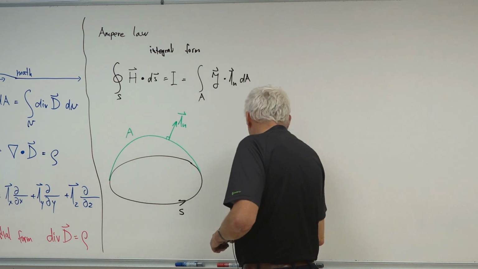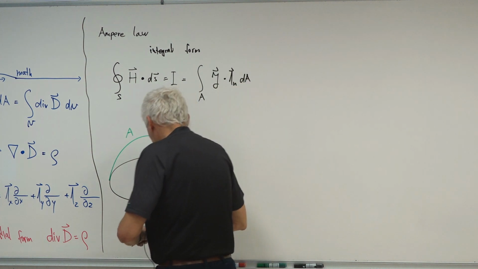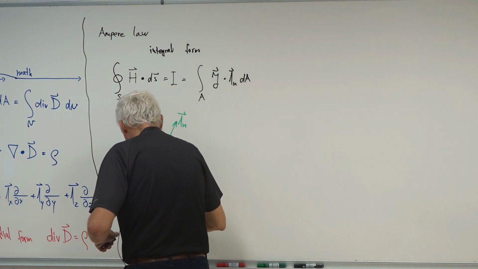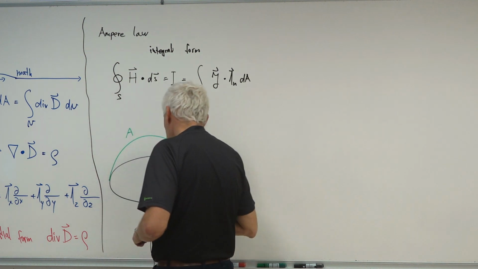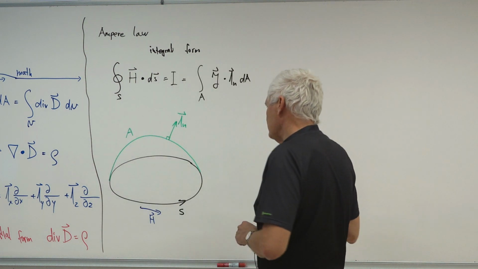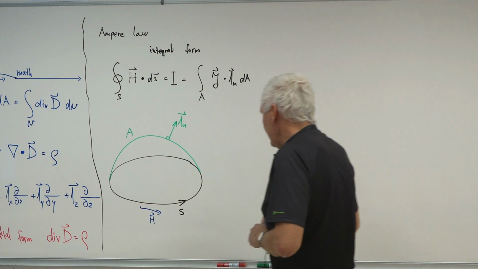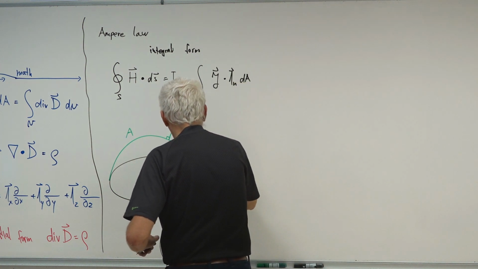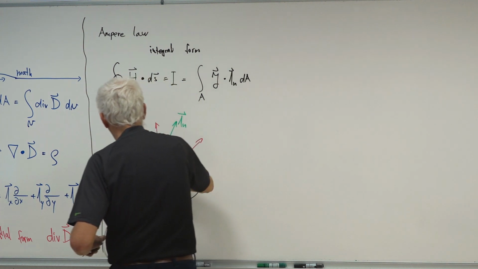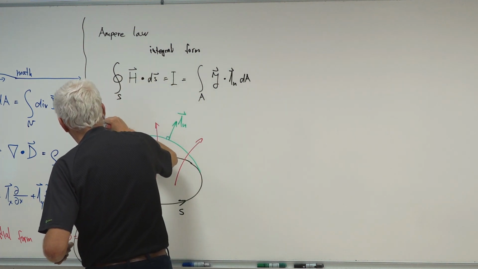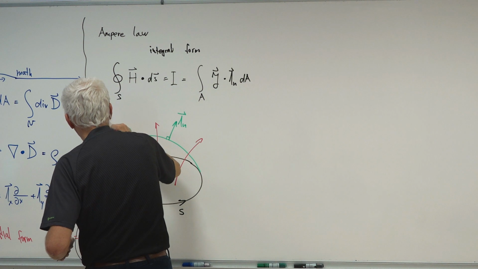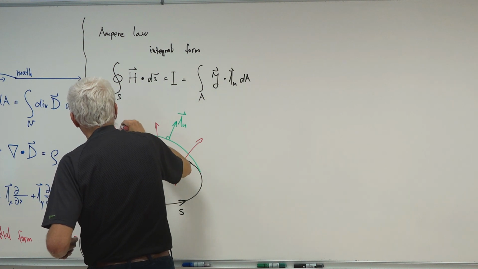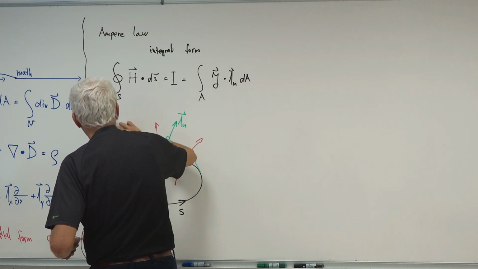So I have here the magnetic field H. I integrate it around this loop, which has to be a closed loop, and up here I have my current density J. J is a function of coordinates, and it has units.